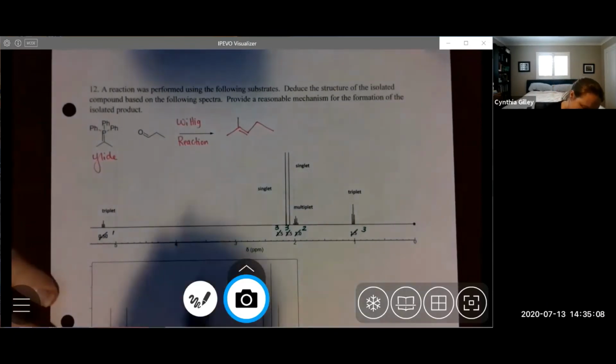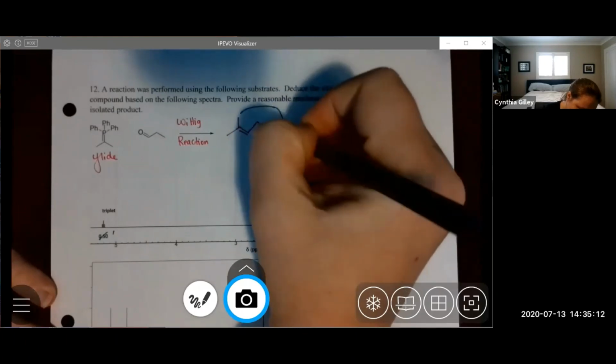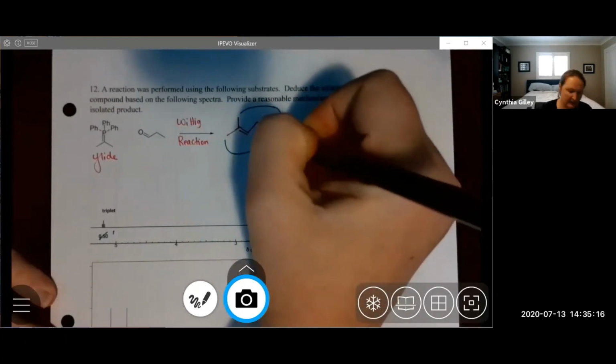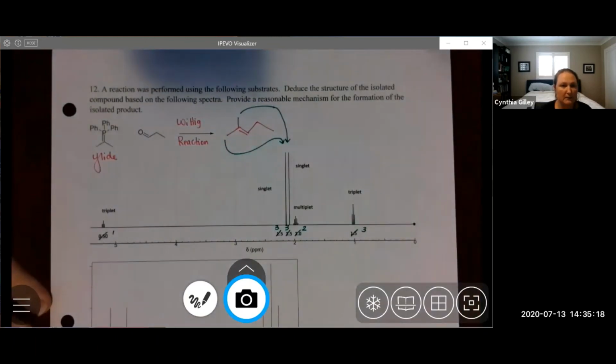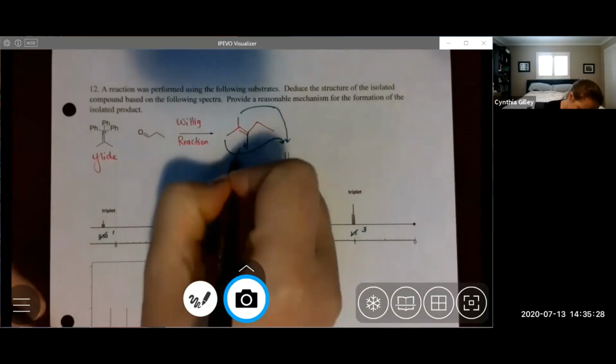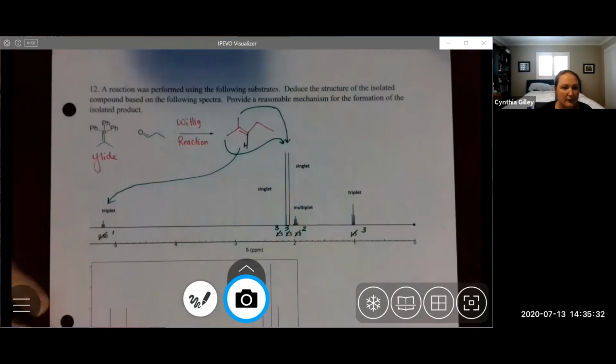So these methyls over here, it would be hard to tell which one is which signal. And then the hydrogen here is likely to be this signal that's more downfield, 5.5.